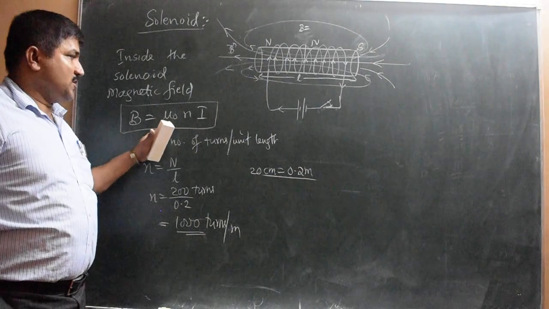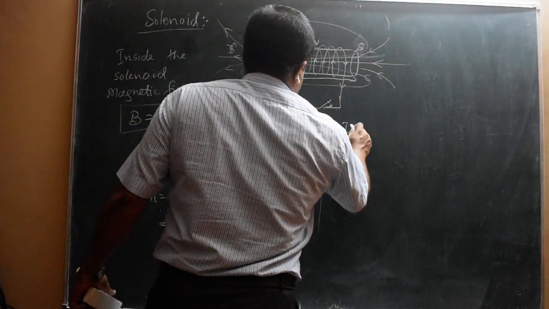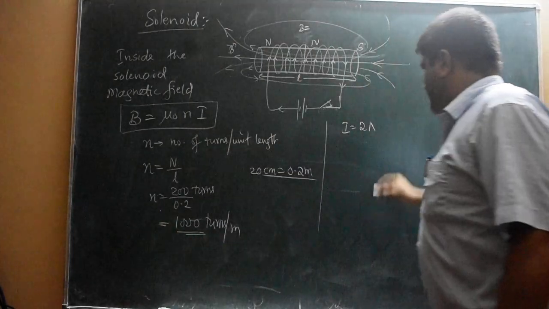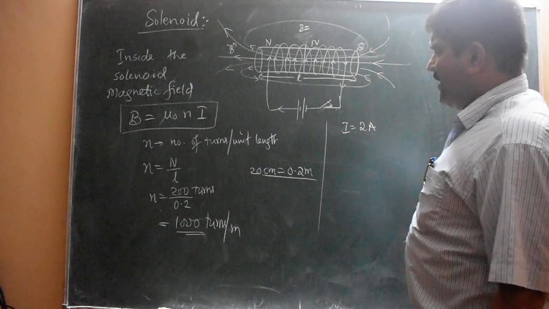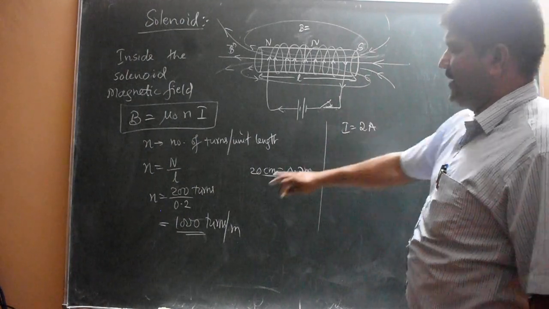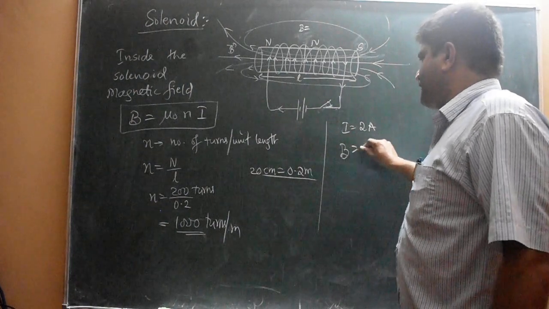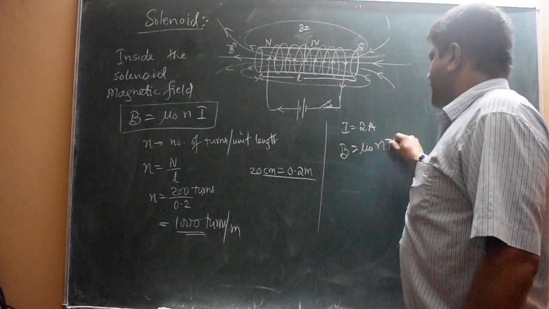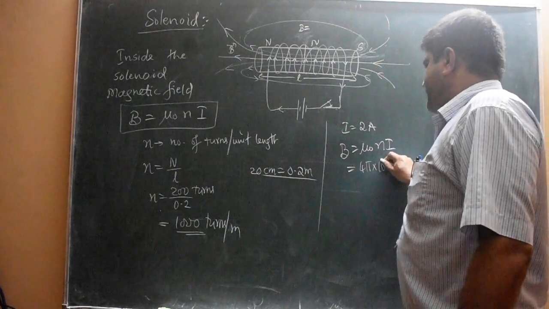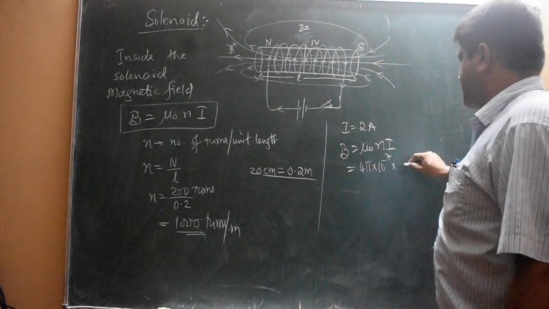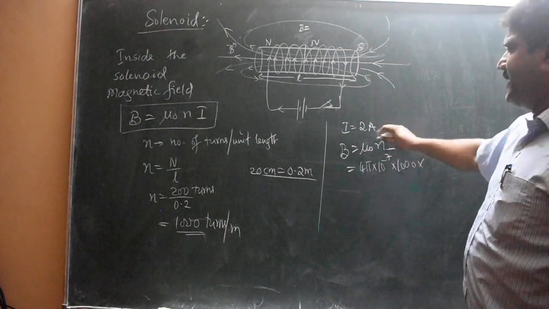And mu naught is a constant. If a current of 2 ampere is flowing through this solenoid, what is the magnetic field? If n is 1000, very simple, B equal to mu naught n i. Substitute the values: mu naught is 4 pi into 10 raised to minus 7, n is 1000, and current is 2 ampere.